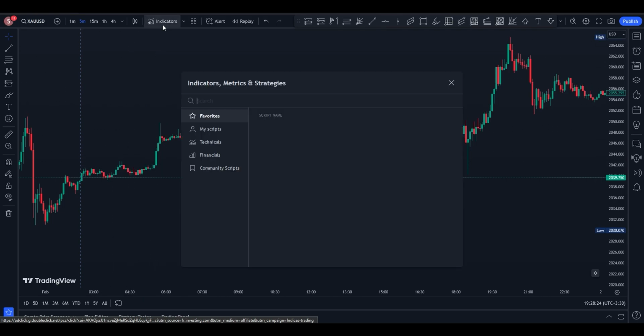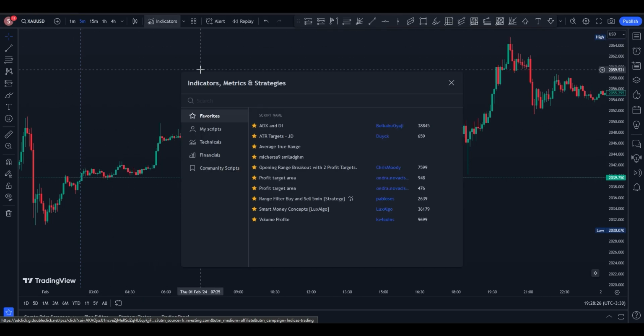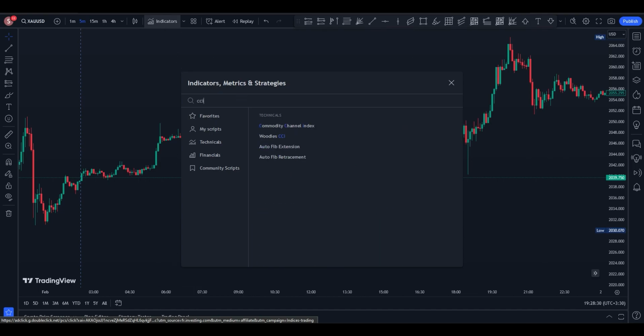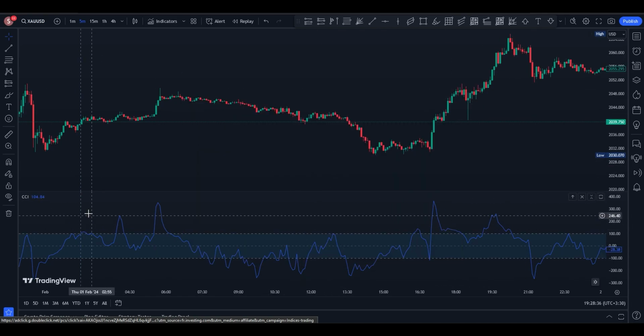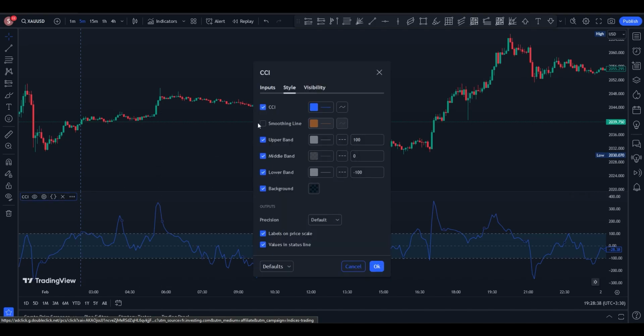Well, to add a CCI indicator, you can go to the indicator section and write CCI. As you see, if you click on it, it comes here. Well, it has a setting. We have two lines: the smoothing line and the CCI line, plus the upper band, lower band, and middle band, and the background is not important.